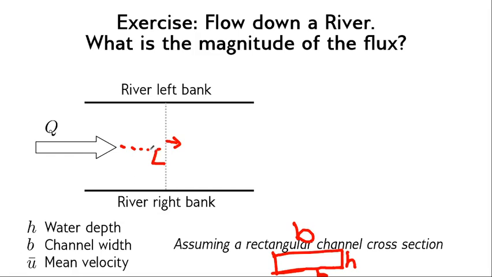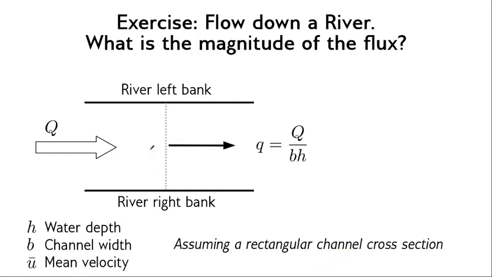And so what we end up getting is that this discharge, this little q, is just equal to big Q over width times depth. And the reason for that is because if you think about this, we're taking cosine of an angle of 0 degrees. Cos 0 is 1. Or you can also just think about the fact that this guy is moving perfectly perpendicularly to this plane, and so it's going to be the most efficient at moving material past that plane.